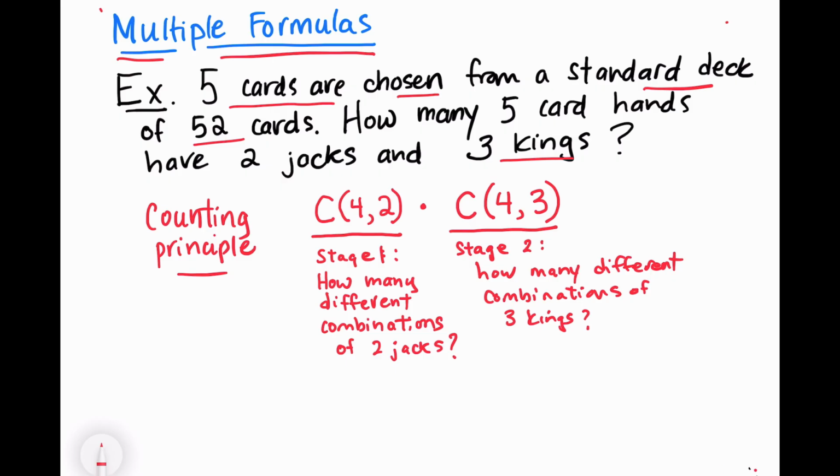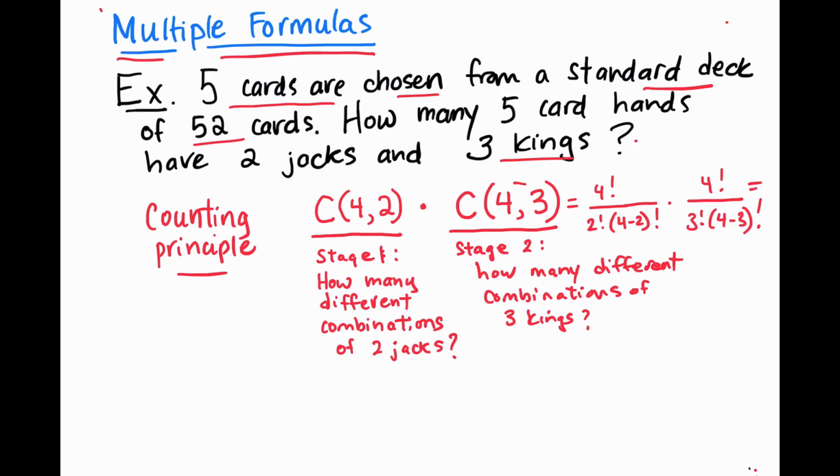So this will become 4 factorial over 2 factorial times (4 minus 2) factorial. And then for this one, we have 4 factorial over 3 factorial times (4 minus 3) factorial.